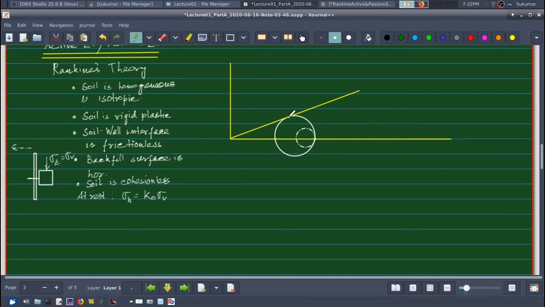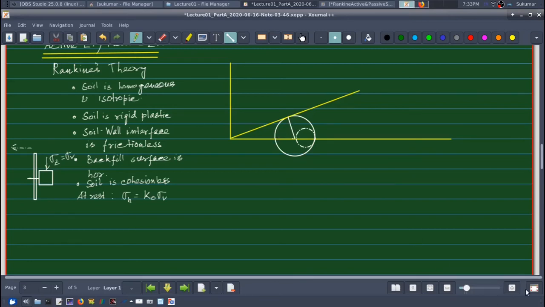Now when it fails, suppose this is the center of my circle, and therefore I can draw a perpendicular from this point to the center. Say this is my center, this is the perpendicular, and from this you know that this will be the pole of the Mohr circle.